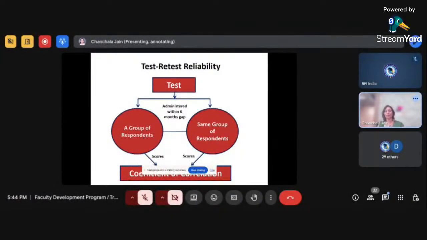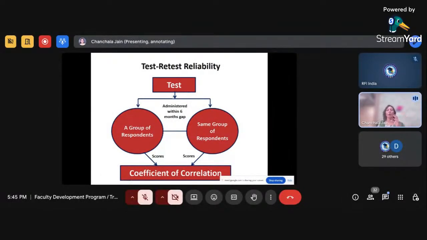So you can see here. Give me a second. I need to shift this tab here. Yeah, right. Now you can see here. Here I am having a test. The meaning of test is that you will be having a scale or questionnaire, right? This is the first box telling you I'm having a test, a scale, a questionnaire.